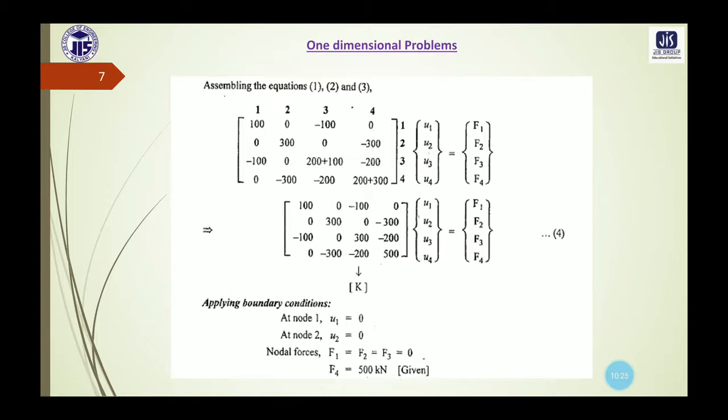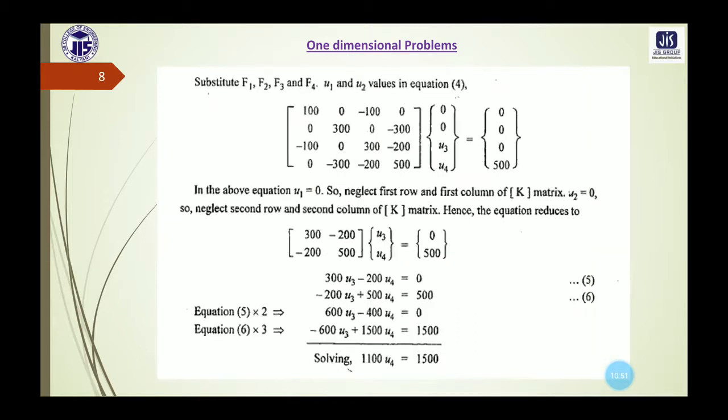Next, if we apply the boundary conditions here, from the diagram we can see that at node 1 the displacement u1 equals 0, and at node 2 the displacement u2 equals 0, and the nodal forces F1, F2 and F3 are 0, and the value of the nodal force F4 is given as 500 kilonewton.